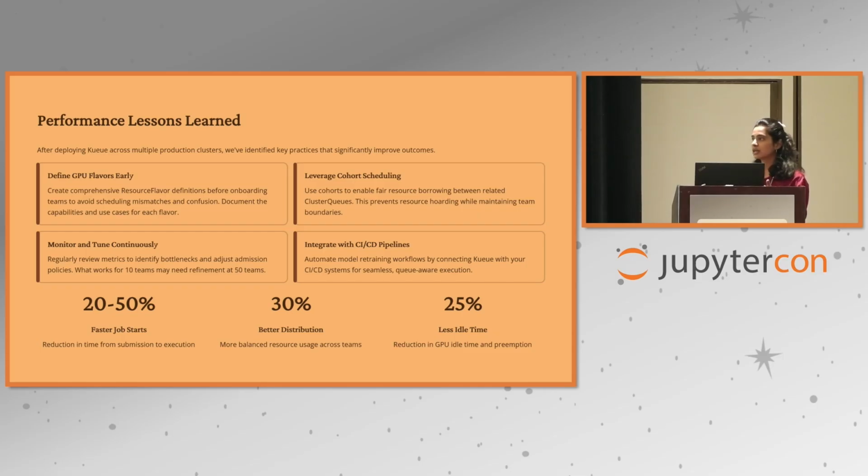Like I said, if there is a cluster in Kubernetes which is empty and idle for a long time, in order to borrow it and use it efficiently, we definitely take help of Kueue, which is again reducing idle time by 25%. And we are also integrating it with CI/CD pipelines like Jenkins, Kubernetes, etc. And we are also leveraging cohort scheduling with this. So these are the major lessons and benefits of why we are using Kueue.